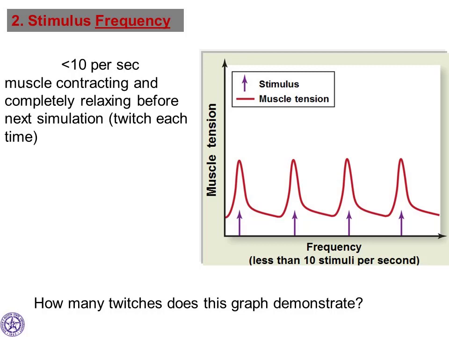And if we send those signals at that rate, we're going to see our muscle contract, relax. Contract, relax. Contract, relax. So in this case, how many twitches do we see? We see 4. And you can physically see your muscle moving, relaxing, moving, relaxing.